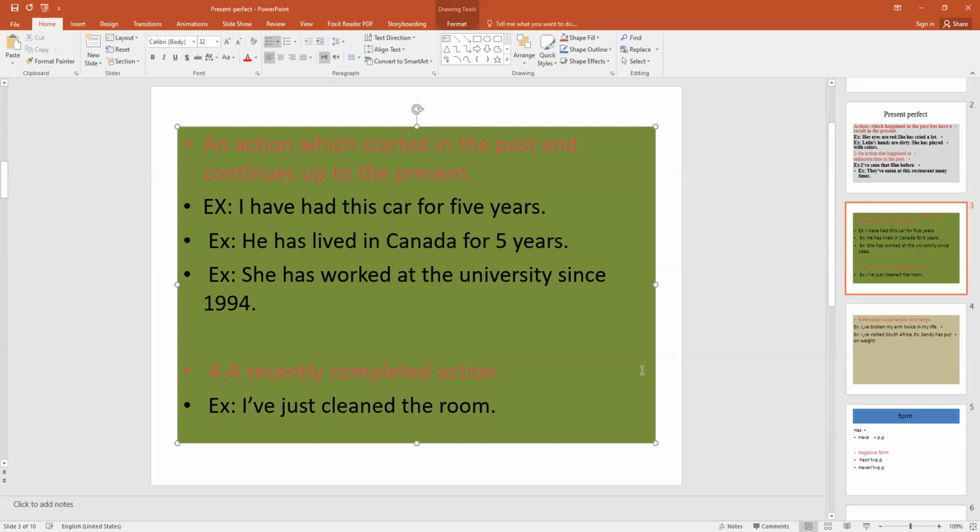Okay, I've done this. Yes, I have just said that on the screen. I was making that one. Have was written in a bad way, so I was correcting it. And when I finished correcting have, I said I've just done it. So for recently completed actions which have just been done a few seconds ago, a few moments ago, I use present perfect.